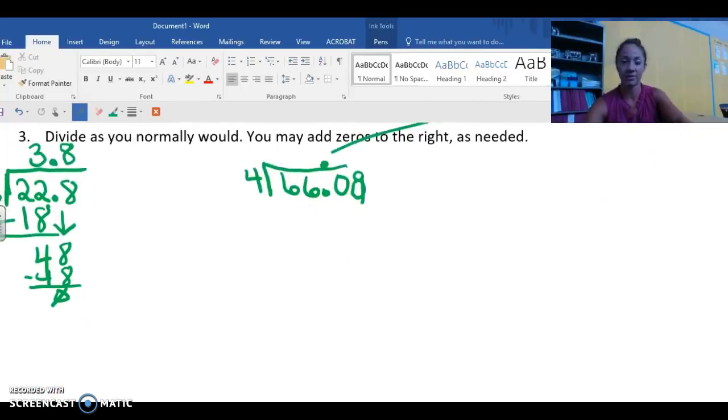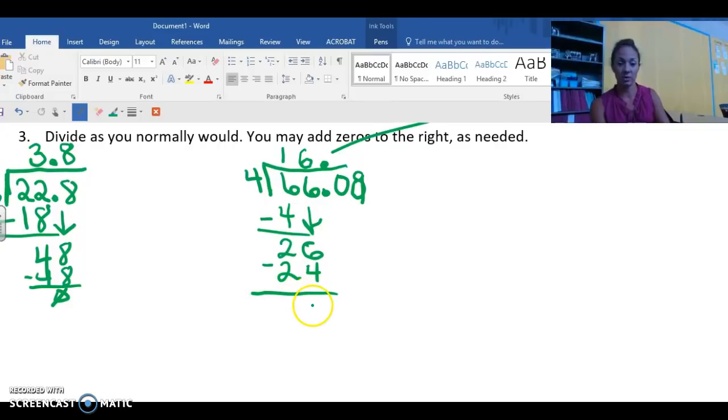All right, so 4 goes into 6 one time. 6 minus 4 is 2. Bring down the 6. We have 26. 4 goes into 26, 7 times 4 is 28, but 28 is too big, so 6 times 4 is 24, so that will definitely work. 26 minus 24 is 2.